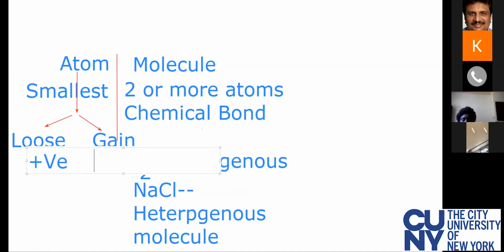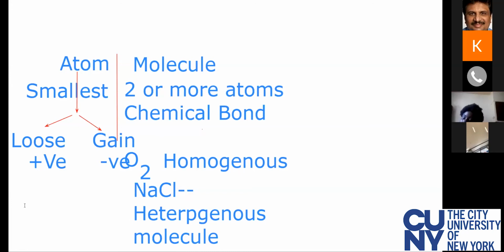And when an atom gains an electron, the electron becomes extra, more than the protons. Right? So that's the difference. An atom is a neutral entity, but because of loss or gain of an electron, it becomes positive or negative.